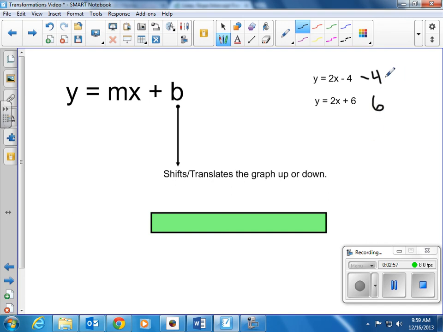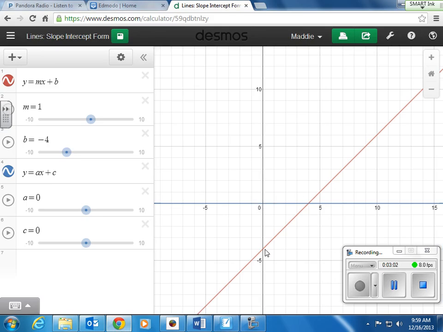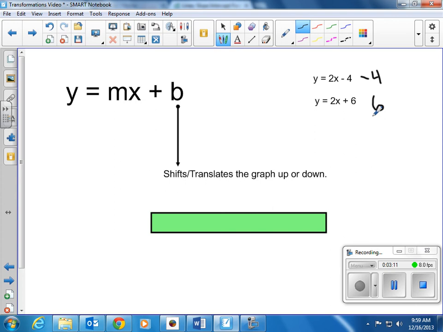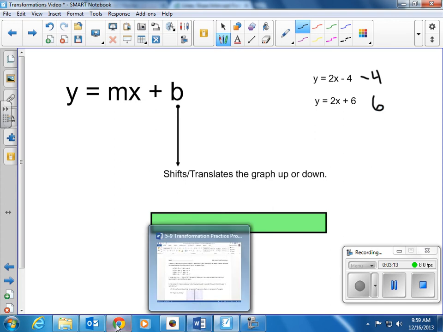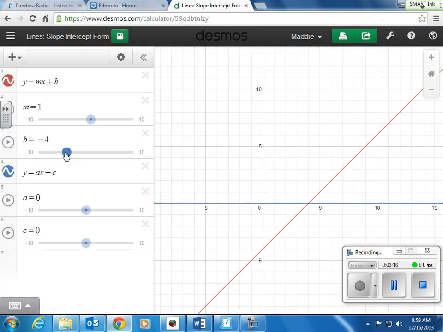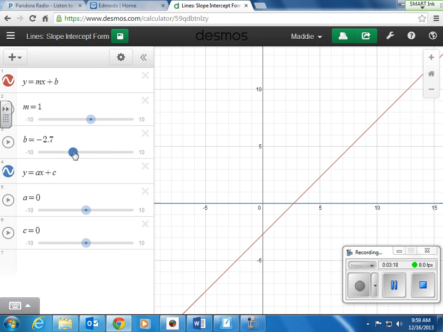So if I go back to my graph, I would start at negative 4. Now, my second line has a y-intercept of 6, so the graph is going to go from negative 4, which is right now, up to 6.